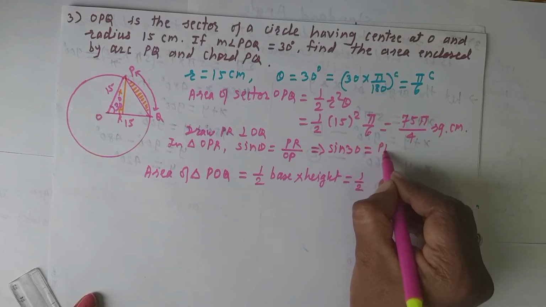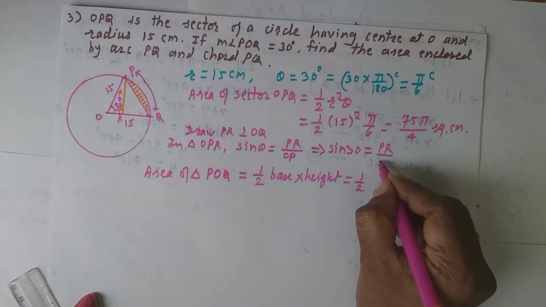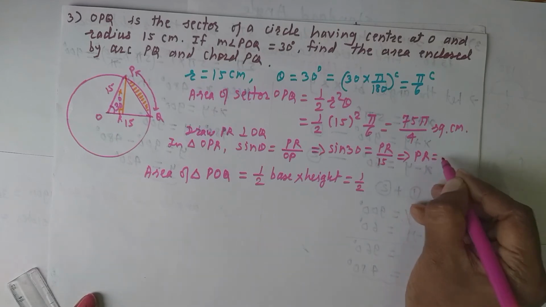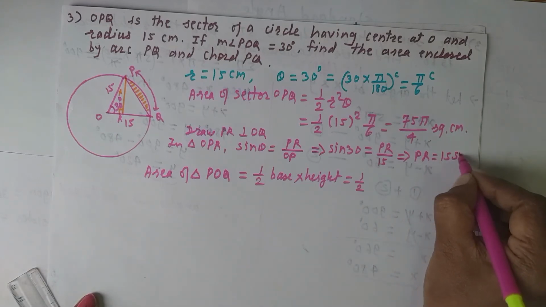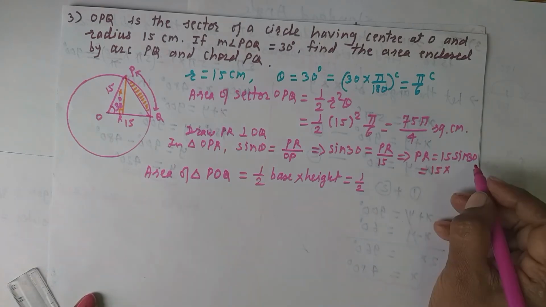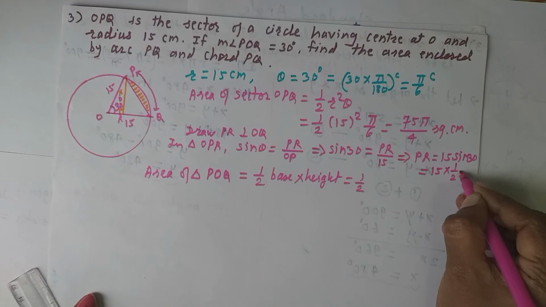PR is the height, I don't know PR. And OP is 15. From this I will get PR is equal to 15 into sin 30. What is the value of sin 30? Sin 30 is nothing but half. In this way I have got height 15 by 2.